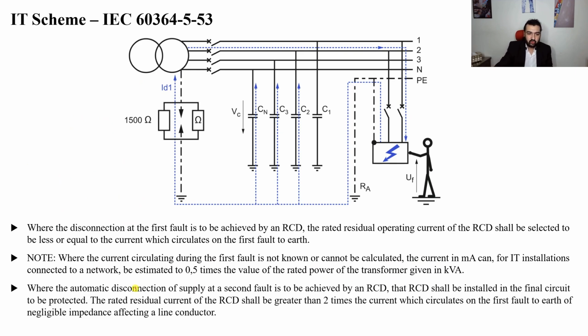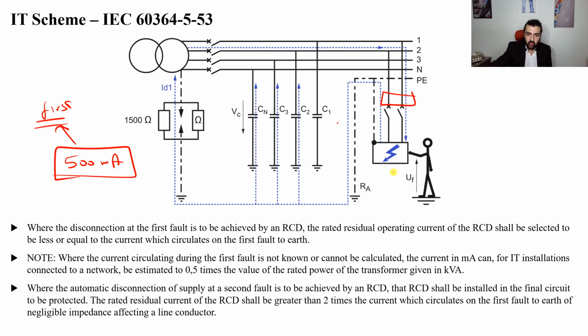Now, if the automatic disconnection of supply at second fault is achieved by an RCD, this is what we are going to discuss in lesson 3. But just remember this note, that if you are going to use an RCD and you don't want it to operate at the first fault, it must be double the value that I selected before. For example, when I said 500 milliamperes, this is for the first fault.